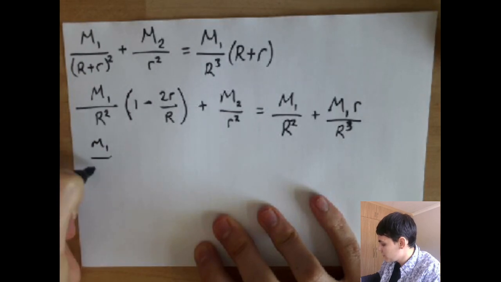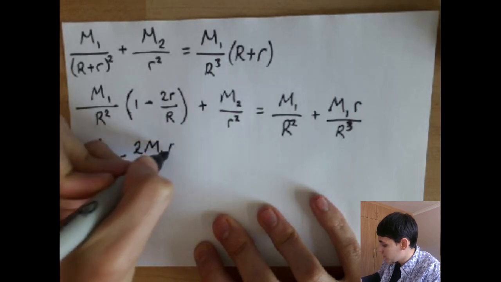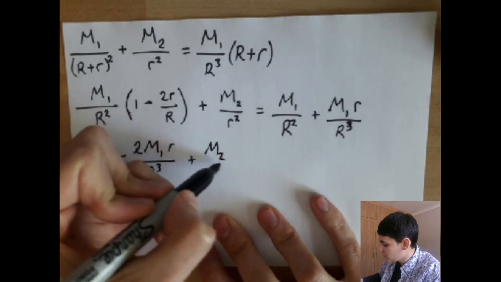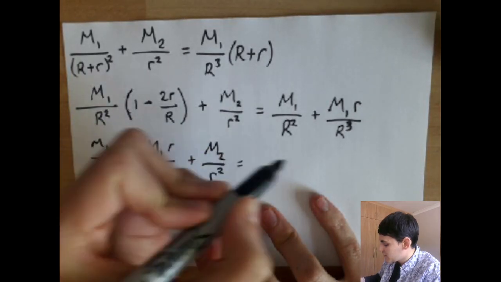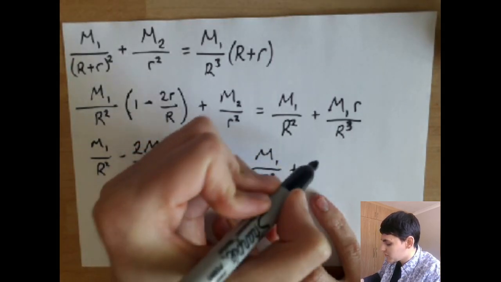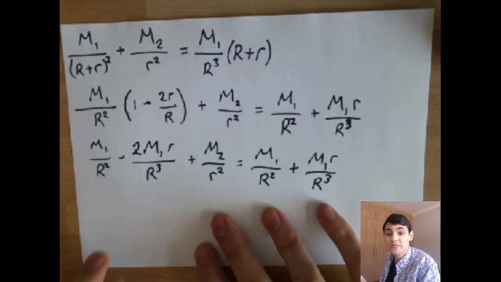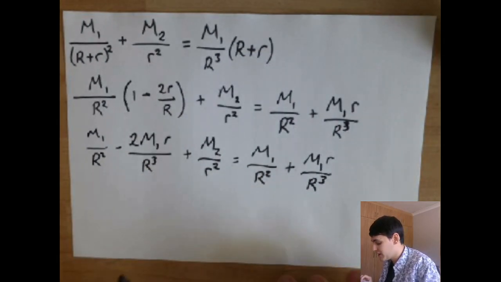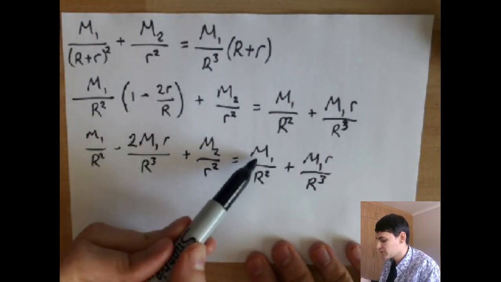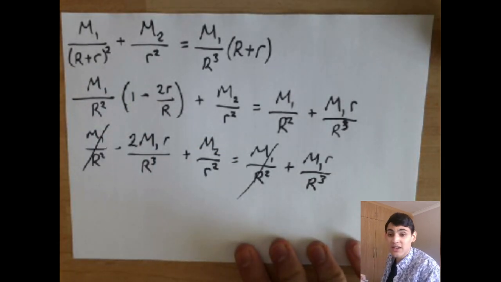We've got M1 over big R squared minus 2 M1 little r over big R cubed plus M2 over little r squared equals M1 over big R squared plus M1 little r over big R cubed. Okay, now we look at this and we go, well, I've got an M1 over big R squared here, and I've got the same term on this side, so they can cancel out.